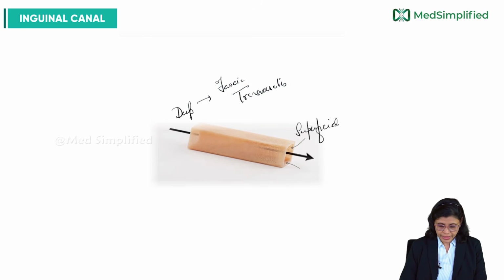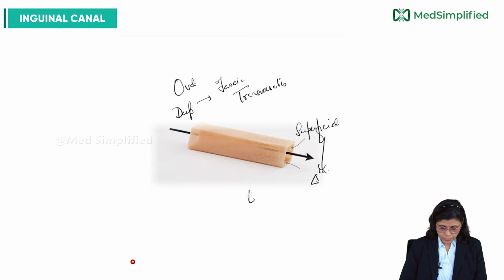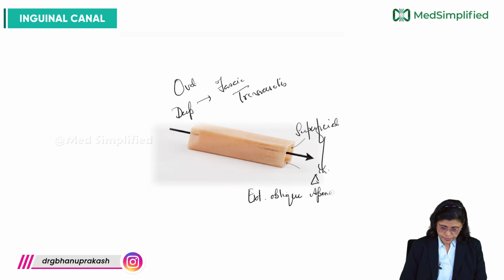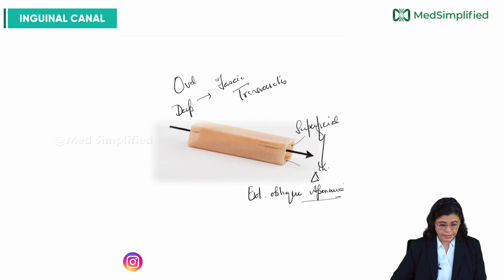And the superficial inguinal ring. So, the deep inguinal ring is in the form of an oval opening in the fascia transversalis, whereas the superficial inguinal ring will be triangular in the external oblique aponeurosis. So, this canal is directed downwards, forwards and medially.